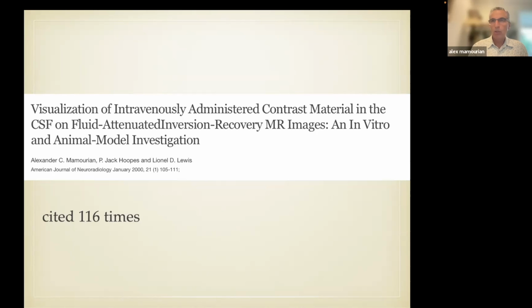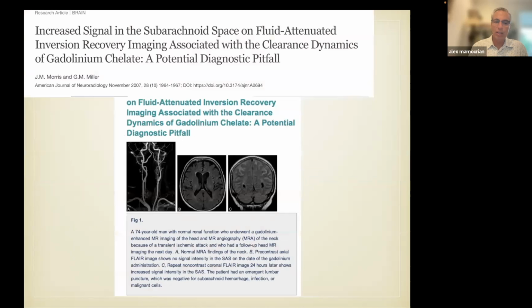So with previous administration of gadolinium, I would say within a week, depending on the renal function, you can actually see the contrast in the subarachnoid space. Here's a patient with an abnormal FLAIR scan who had normal renal function, had MRA, and this was a follow-up the next day. So when you see this pattern of diffuse abnormality of the subarachnoid space, you want to ask the question, did they receive gadolinium contrast in the previous 48 hours?